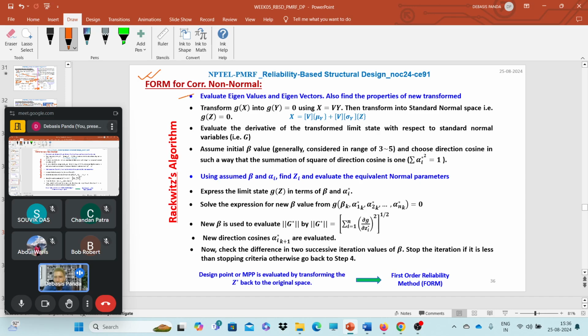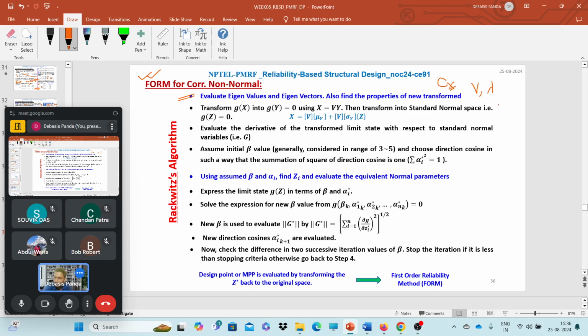First, we perform the eigen analysis of your given Cx. It will check whether the Cx is correlated or uncorrelated, and if correlated, it will perform the eigen analysis. Once the eigen analysis is done, we have V and lambda.